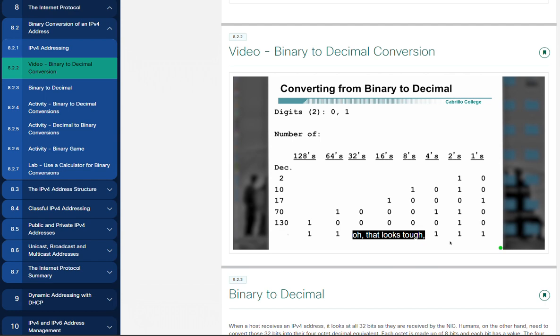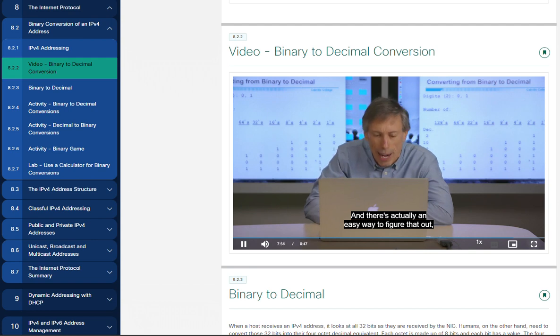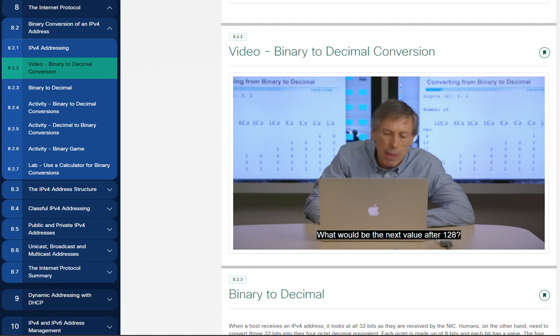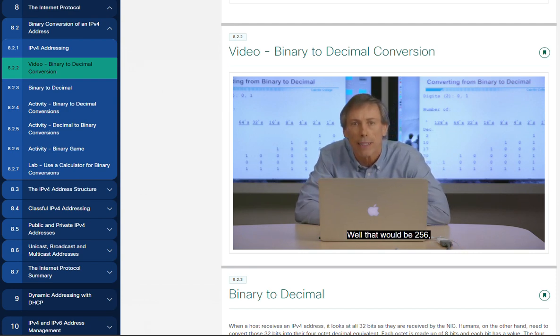And let's take a look at this last one here. Oh, that looks tough. A lot of adding to do, isn't it? So we'd have to add 128 plus 64 plus 32 plus 16 plus 8 plus 4 plus 2 plus 1. What does that give us? 255. And there's actually an easy way to figure that out when we have all 1s in this column. What would be the next value after 128? The next column? Well, that would be 256.